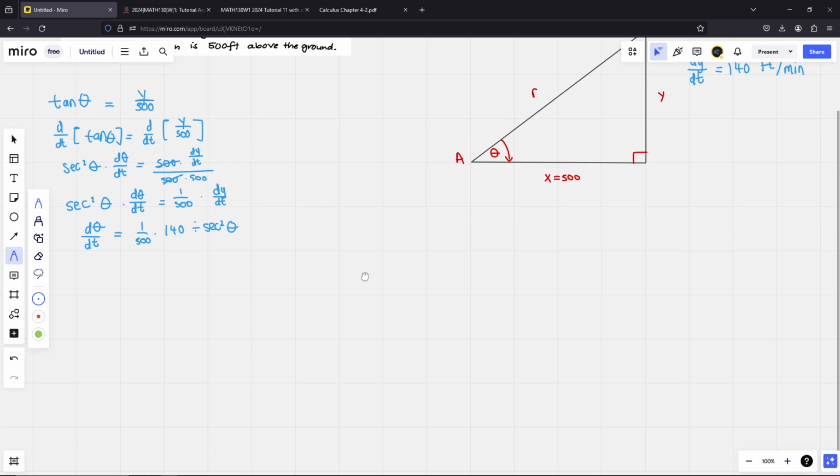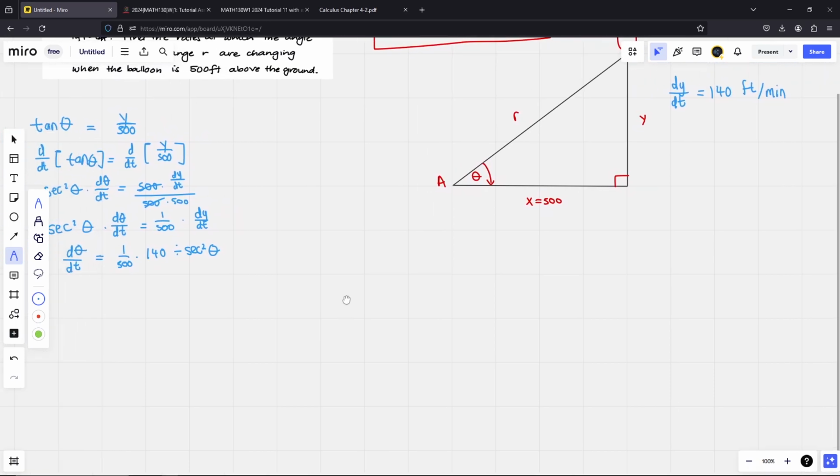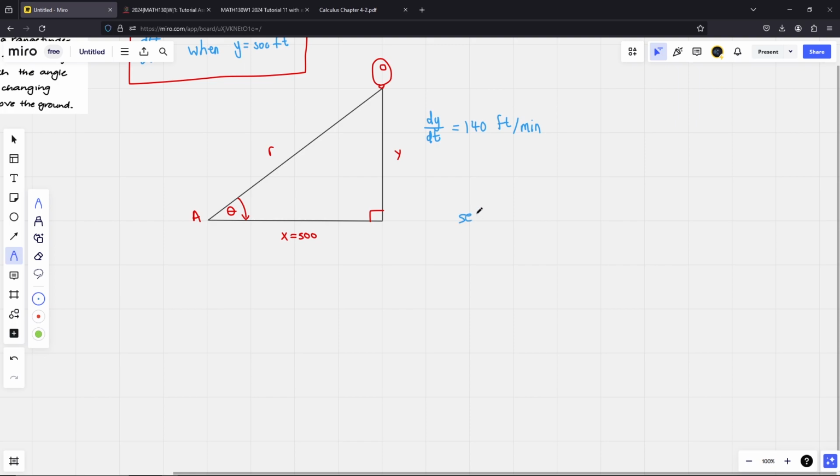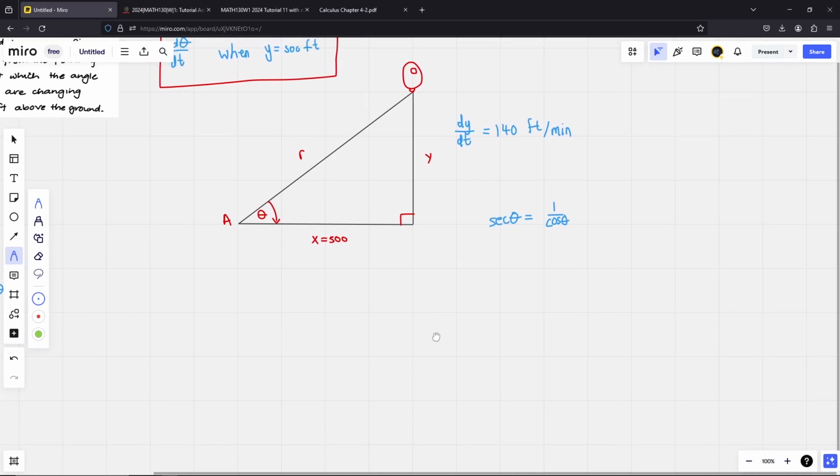Okay, so let's think about secant squared theta. So secant of theta is just 1 over cos theta. That's by definition.